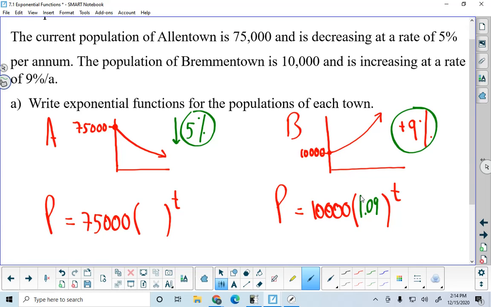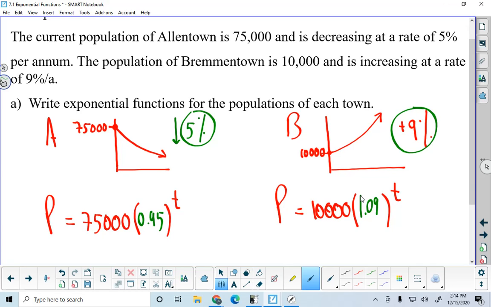You're starting off with 100% and you're losing 5. If I told you that I just bought a brand new truck and I'm going to sell it to you with 5% discount on what I paid, then you would be paying 95%. And in decimal form, that's 0.95. So these are the two equations, and we're going to keep coming back to building these application equations in the following units, but those are the two equations.